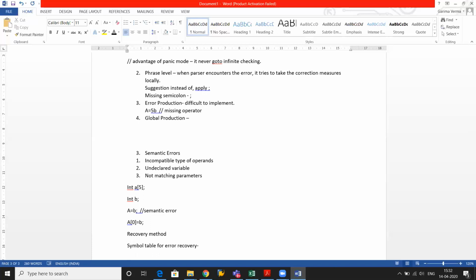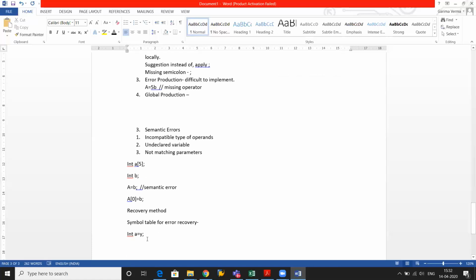Let's take one example. Suppose there is an identifier which is undeclared. I have written a is equal to y, and y is not declared anywhere. So obviously you will get undeclared identifier y. This is reported to you, right?